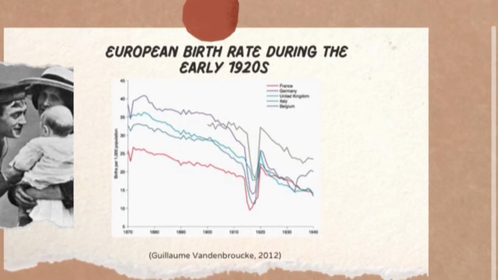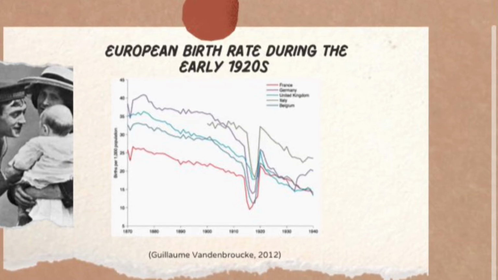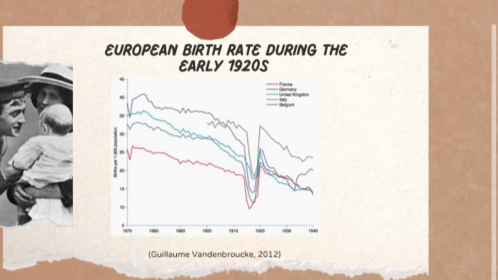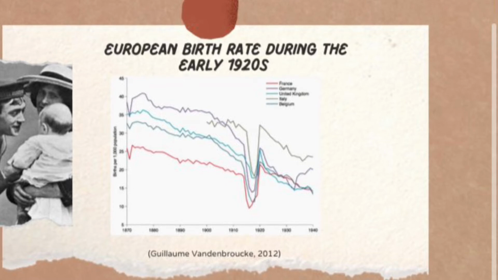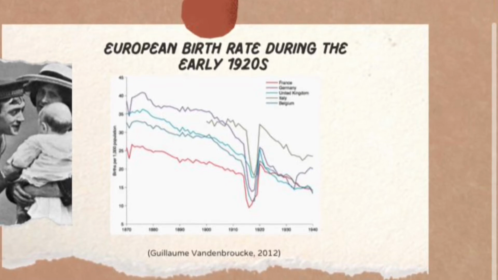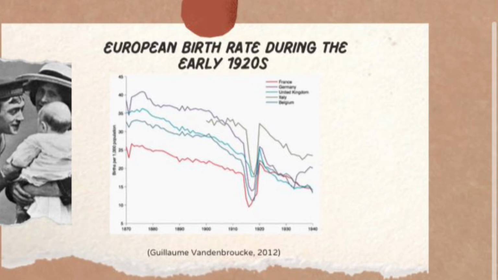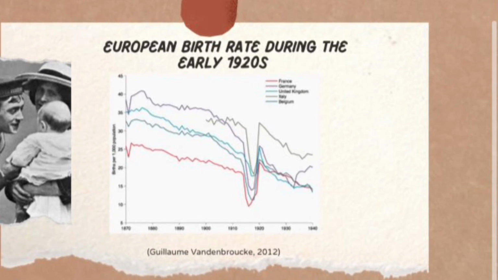Here we can visualize how in the years of World War I the birth rates collapsed, and just after the war officially ended, the birth rates went up to normal numbers again.